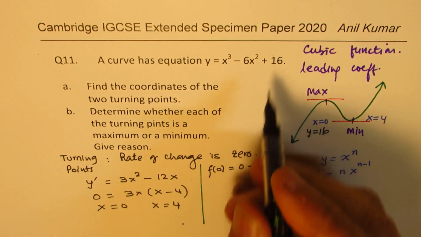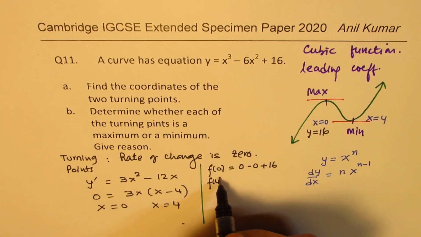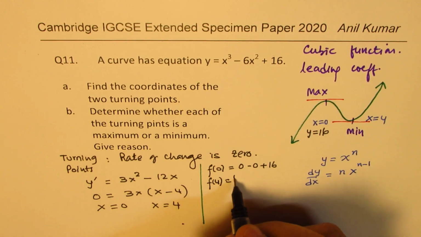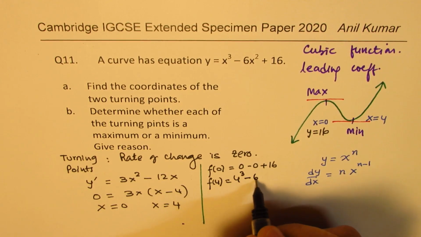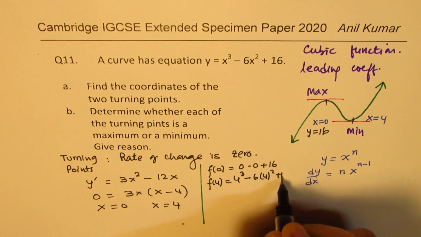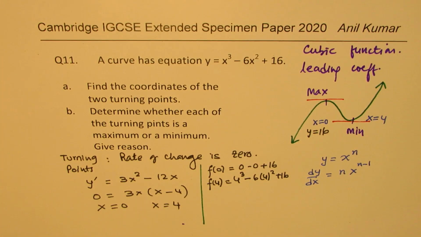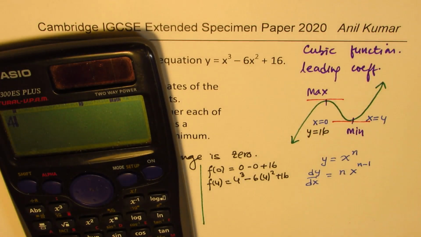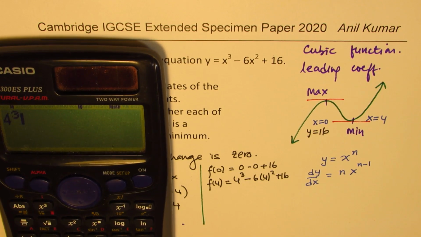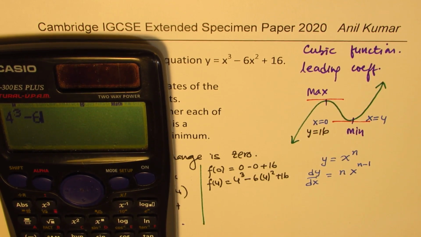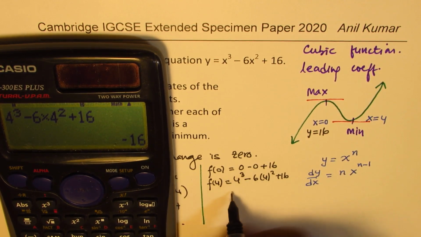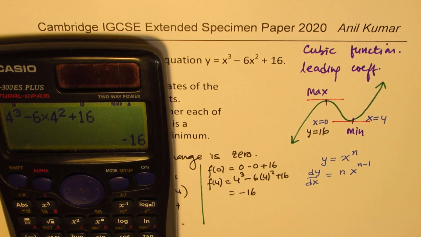For the second point, which is f of 4, we'll substitute 4 here. We get 4 cubed minus 6 times 4 squared plus 16. Let's calculate this. That is equal to minus 16 for us, right?